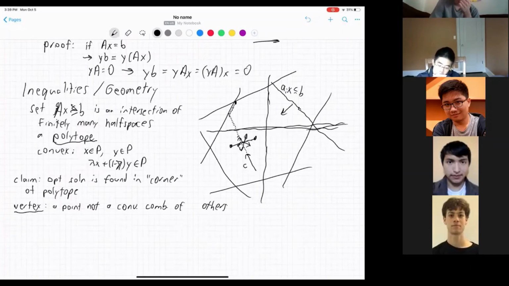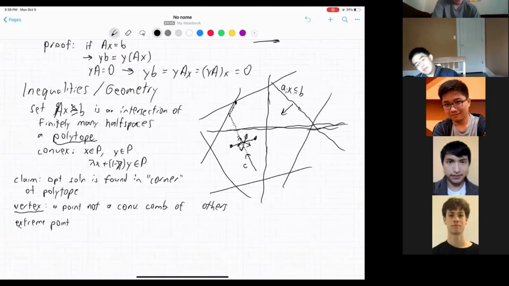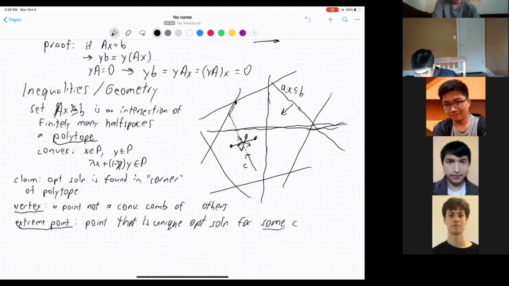And that means that you're not going to find your optima in these points that are convex combinations of other points. We're also going to talk about extreme points. Okay. An extreme point is a point that is a unique optimum solution for some objective function c.